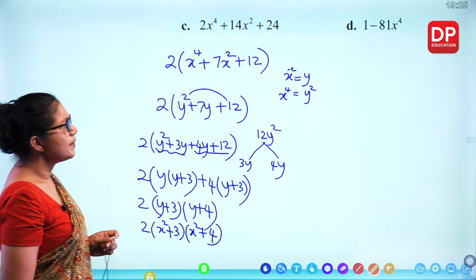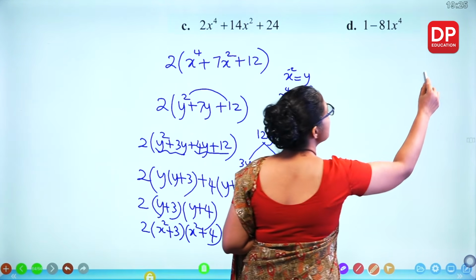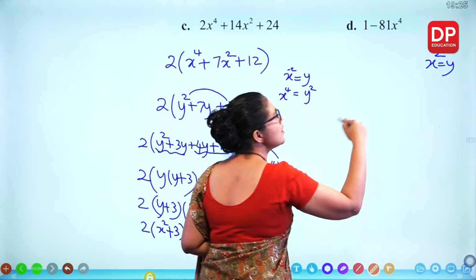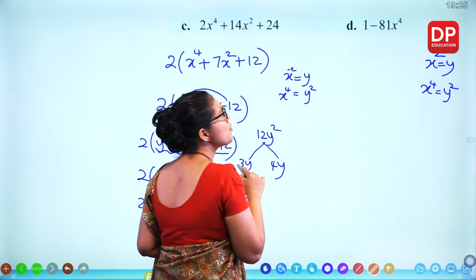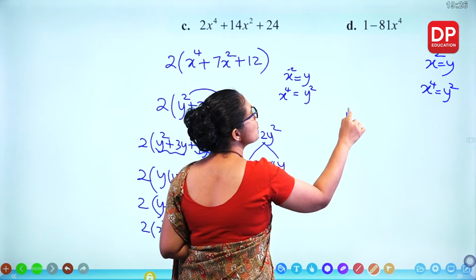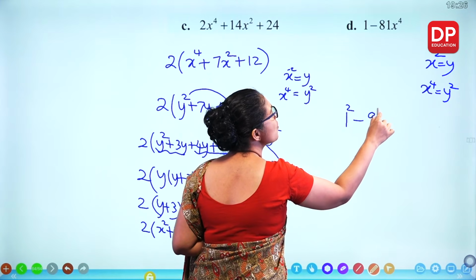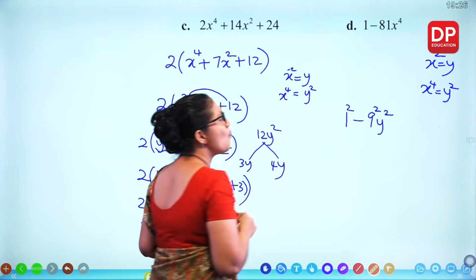Now look at this one. 2 terms. But we need to replace x to the power 4. We know x squared is y, so what is x to the power 4? That's y squared. So we'll try to replace this. 1 squared minus 81, we can write 9 squared, and instead of x to the power 4 you can write y squared.